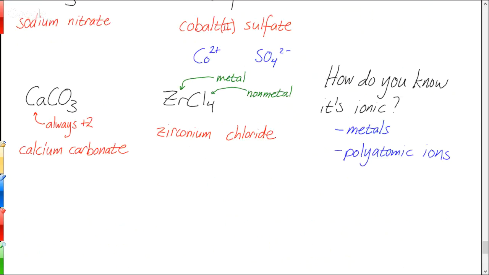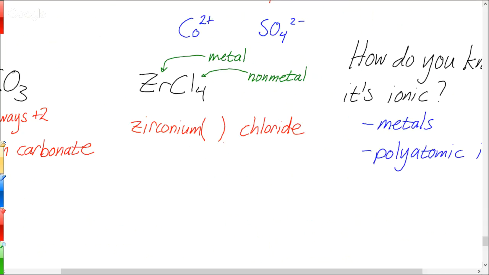So that's good so far, but as we just talked about, this isn't really a complete name because there could be different zirconium chlorides depending on the charge on zirconium. So for this particular zirconium chloride, we need to know what the charge on zirconium is. For this example, what is the charge on zirconium? +4.